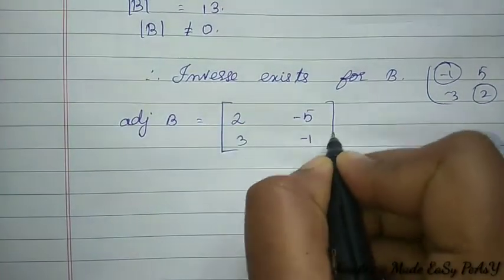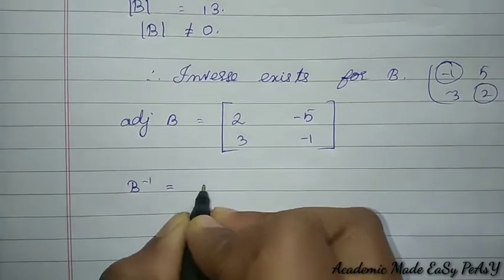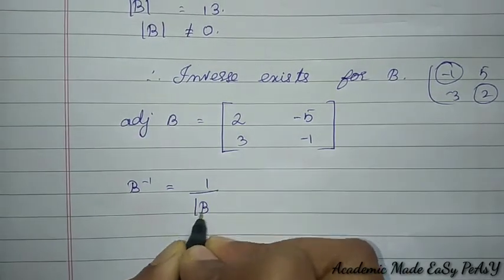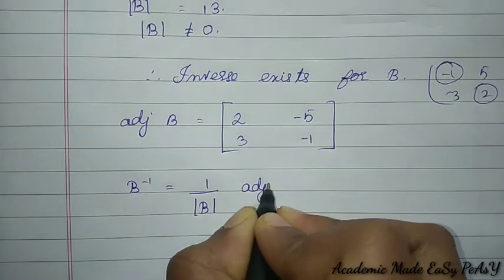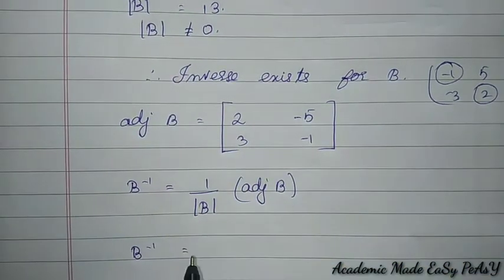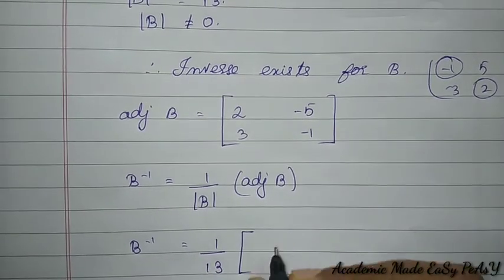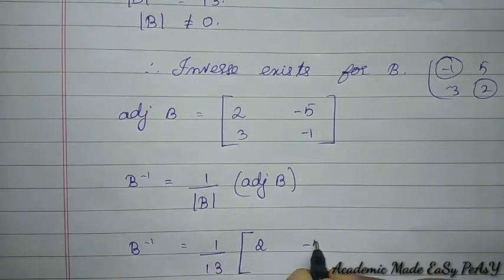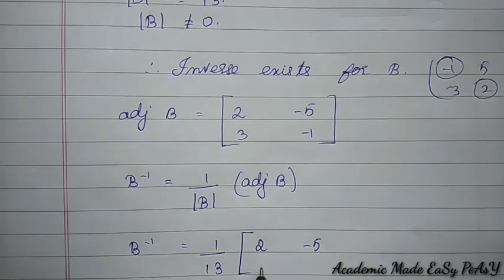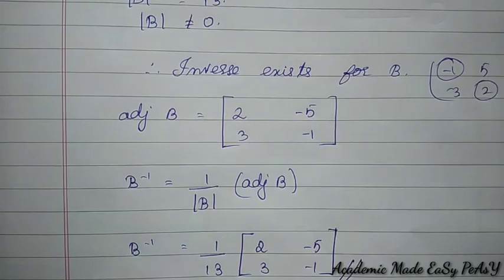So this is the adjoint of B. Now B inverse is equal to 1 by determinant B into adjoint of matrix B. So B inverse is equal to 1 by 13 into, what is my adjoint? So 2 minus 5, 3 minus 1. So this is my answer.